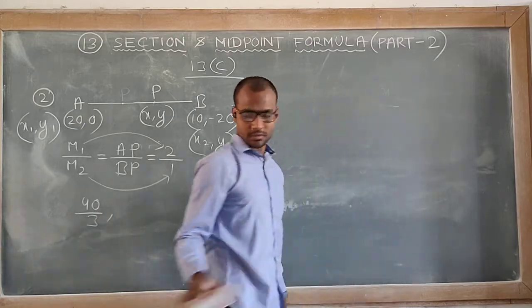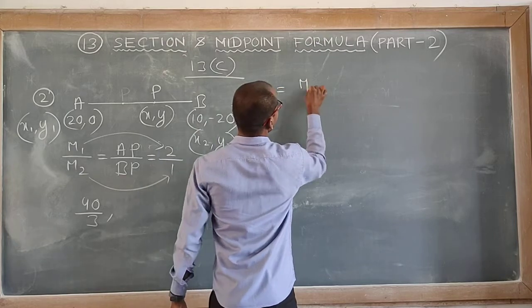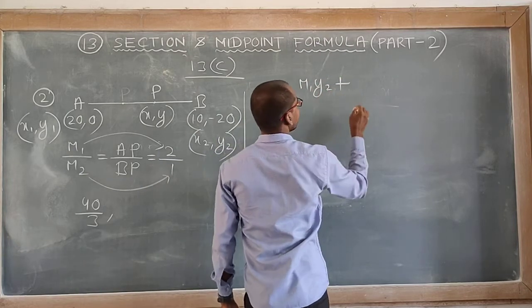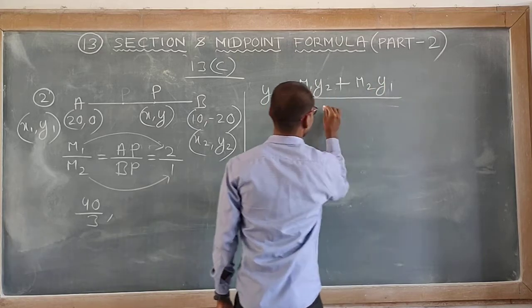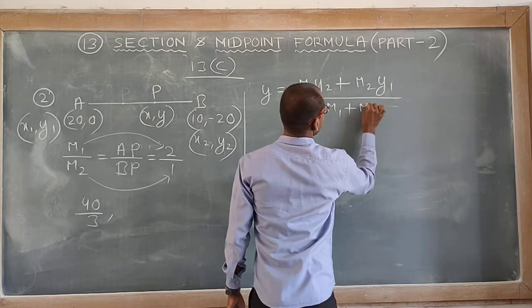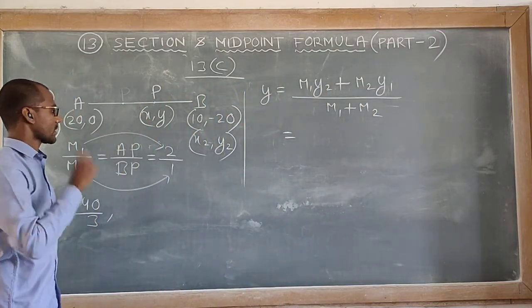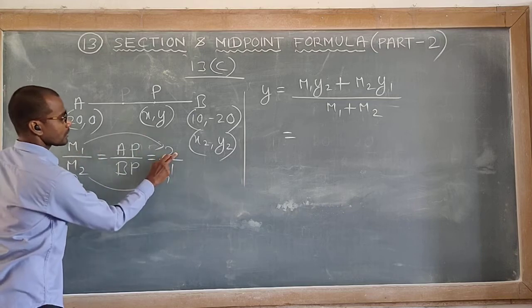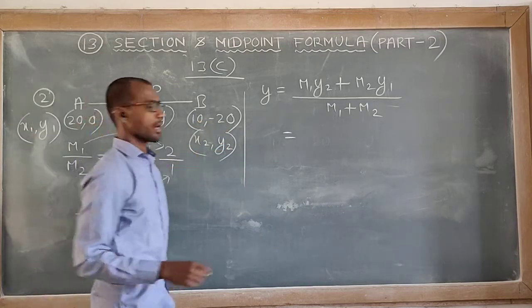Now let's go for y. y is equal to m1 y2 plus m2 y1 by m1 plus m2. This is the formula. What is m1 y2? 2 into y2 is minus 20, so 2 into minus 20 is minus 40.